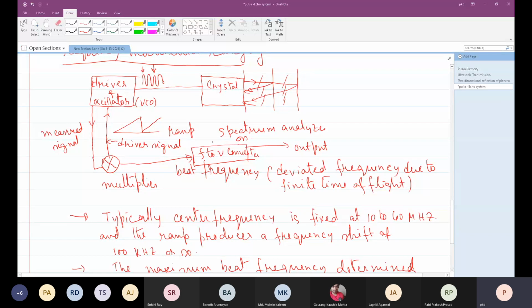So the detected signal will not correspond to a particular shifted signal, but a distribution of shifted signals.